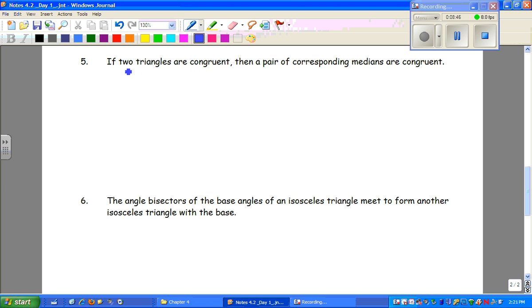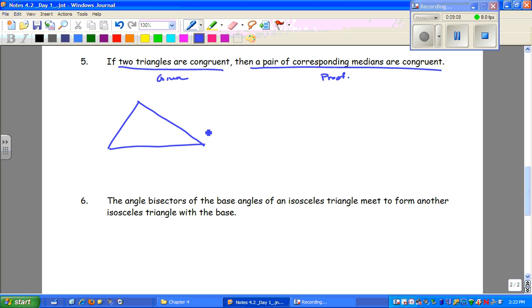If two triangles are congruent, in number 5 here, then the pair of corresponding medians are congruent. So here's the given, here's the proof. So what do we have? We have two triangles that are congruent. So that's interesting. We're starting out with two triangles.